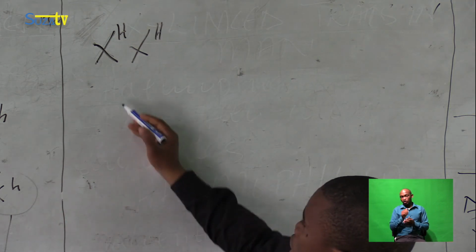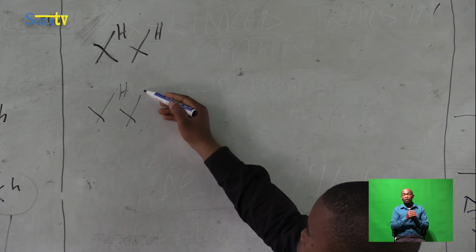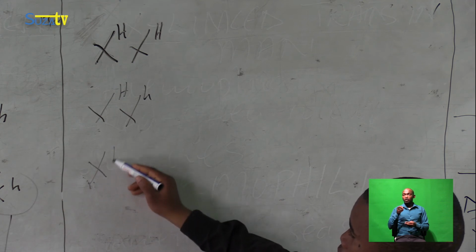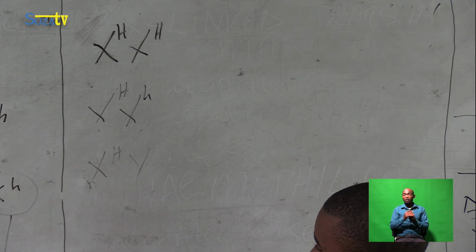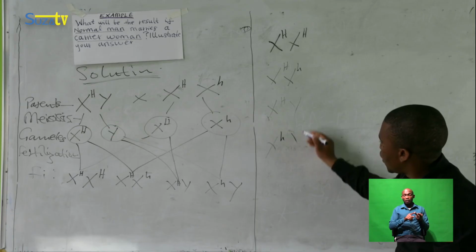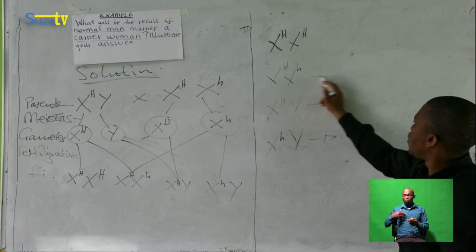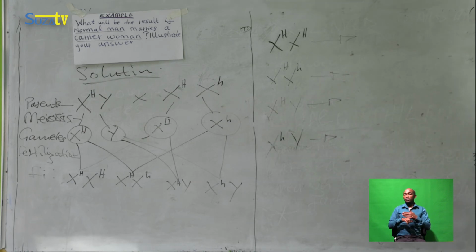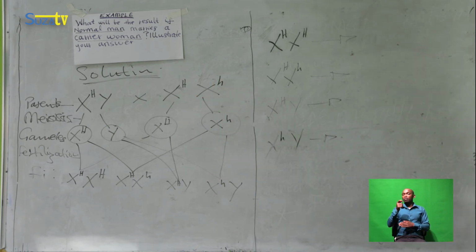The second one is X with the dominant gene and X with the recessive gene. The third one is X with the dominant gene, and the fourth one is X with this one. So we want to explain the stage of the daughters obtained after crossing these gametes of our parents.